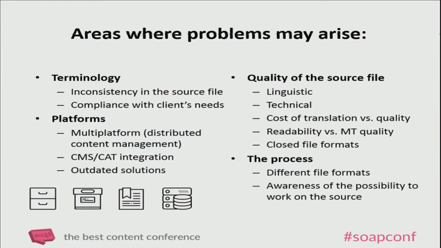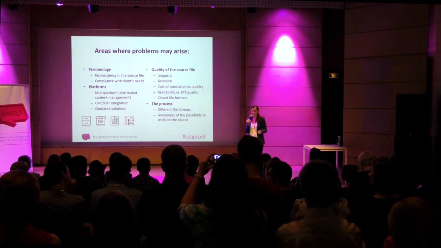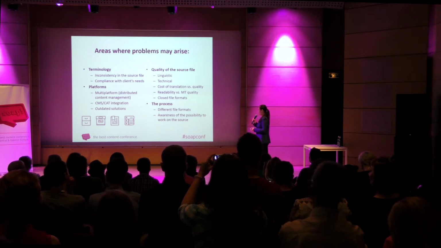And the process in itself. So different file formats, how to deal with them, how to integrate them, and of course the awareness of the possibility to work on the source. Many times people send us PDF files, but they have an editable version, which is much easier to process, but they are not aware that we can work on that. So I will tell you about all of that later.